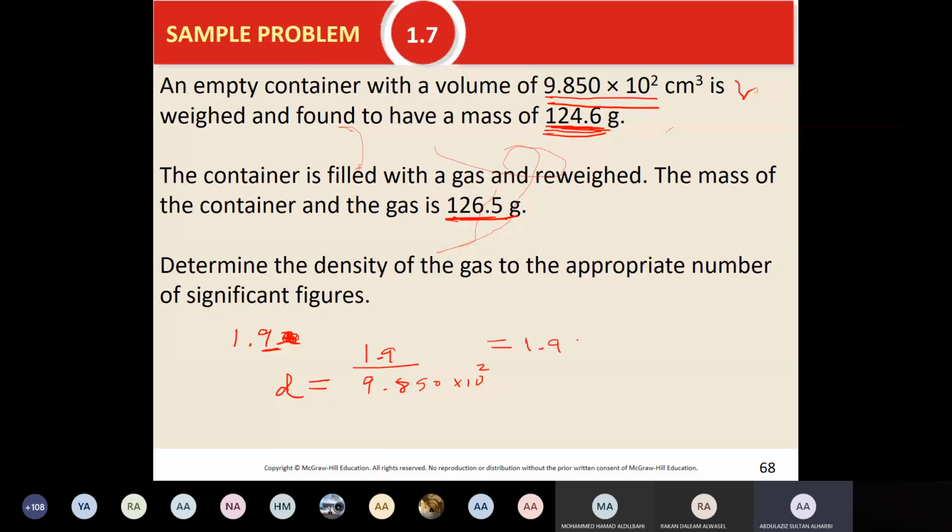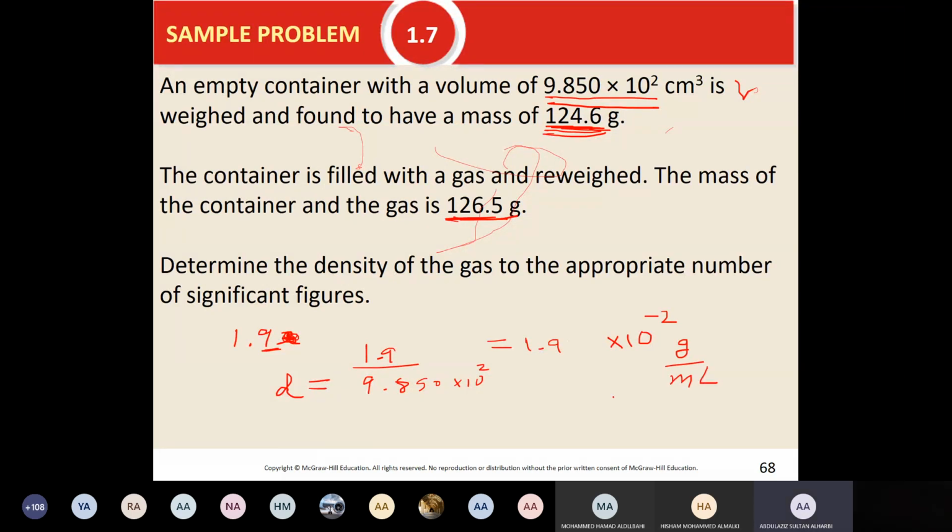Give me more numbers. 1.9 times 10 to the power of minus 2. It's only 2 significant figures. 1.9 times 10 to the power minus 2 gram per milliliter.